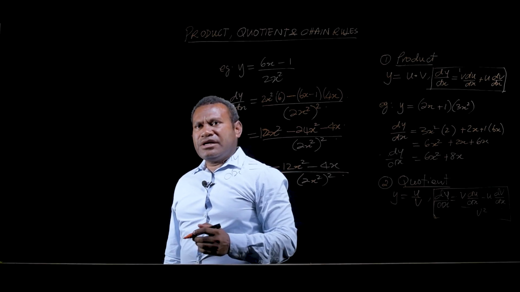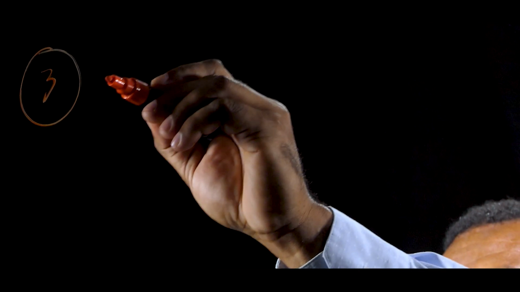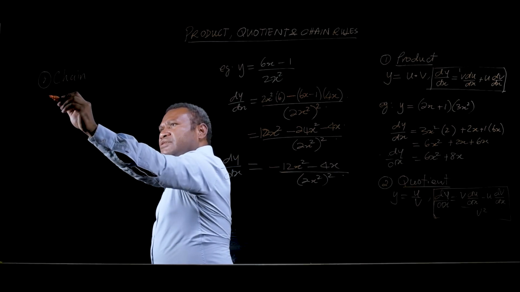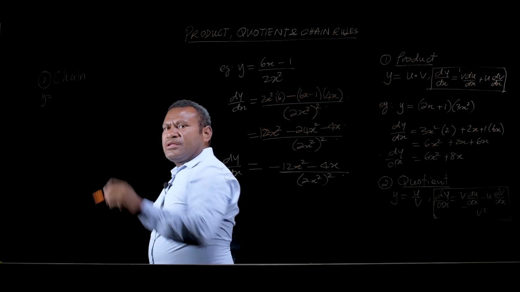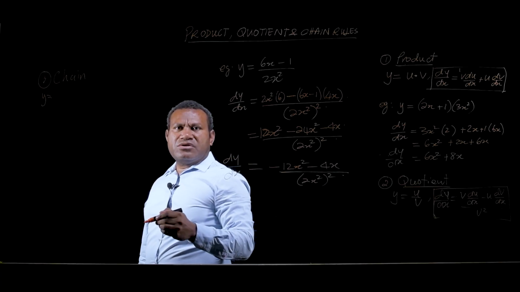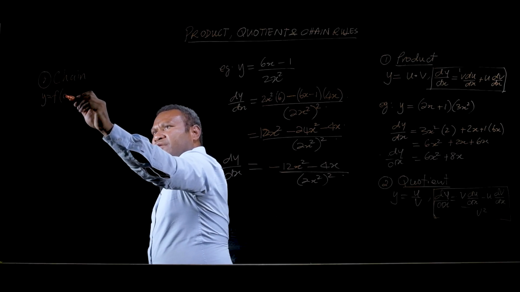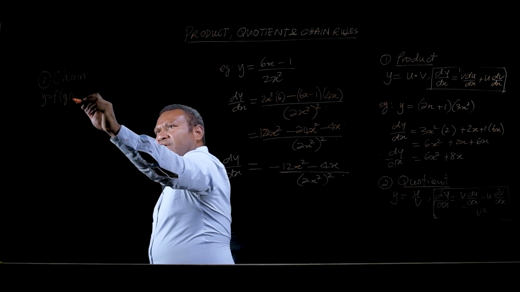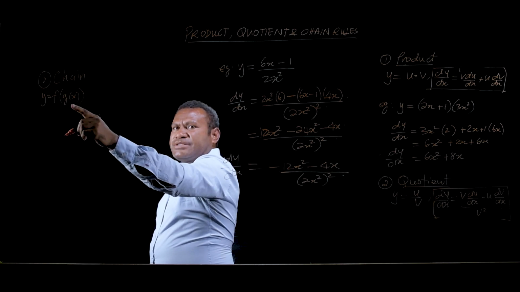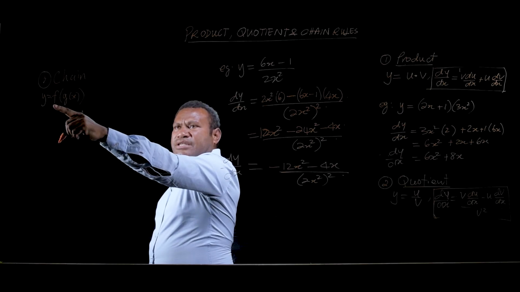Now we look at the third rule. The third rule is chain rule. Now, if we have a function that contains another function, we'll say a function of a function, or we say composite function. So if a function is of this form, all right, this g of x is a function that is contained in the function f.